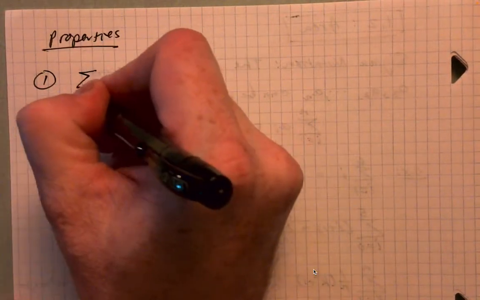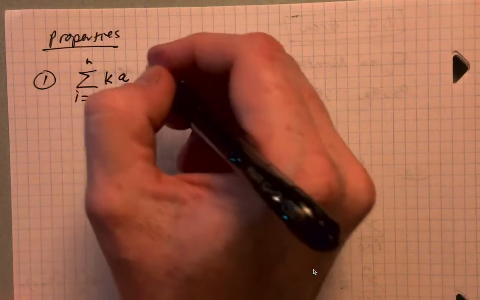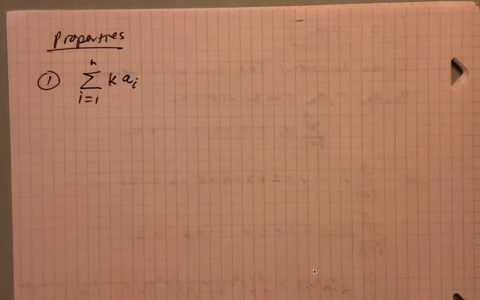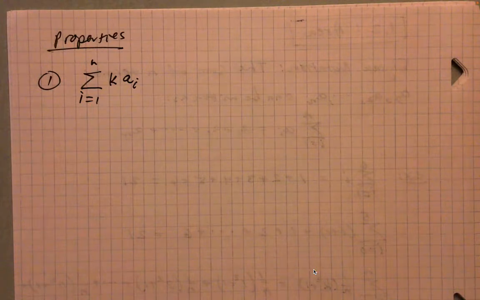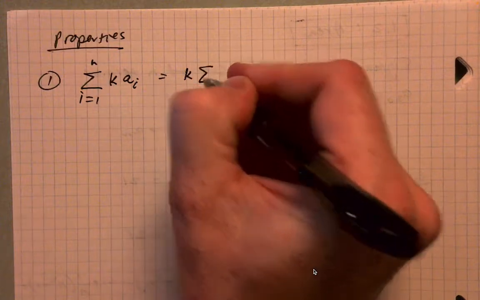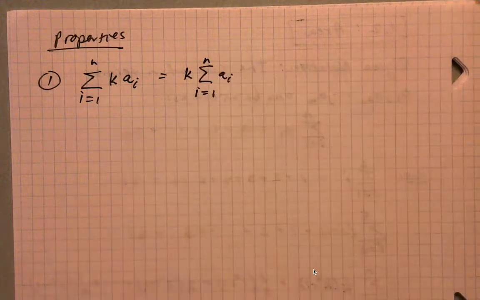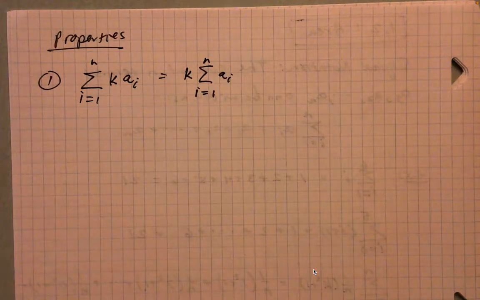If I have the sum from i equals 1 to n of a constant k times some expression ai, then I can factor the constant out of the sum, which means you can pull it out of the notation like so. This is the example we've seen, first the 1 over n example, and then the delta x example. So we've seen this one. That one's pretty intuitive. We really just have to expand it to see.